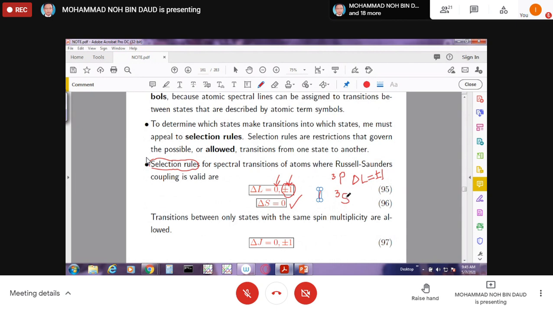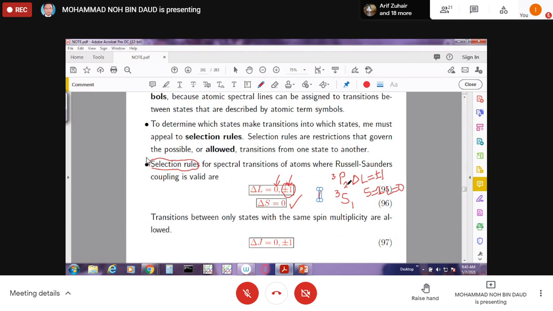So how about this one? S is 1 here, the spin total angular momentum is 1, 1 plus 0 for L equals 0. So we have triplet S1. Let's say we want to promote one electron, the one electron transition from this to this one.